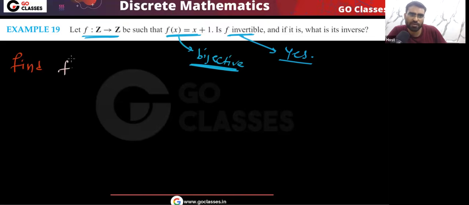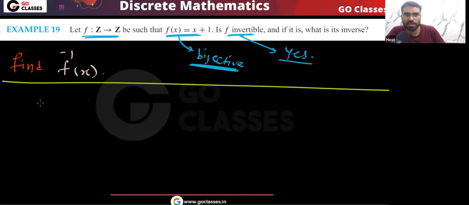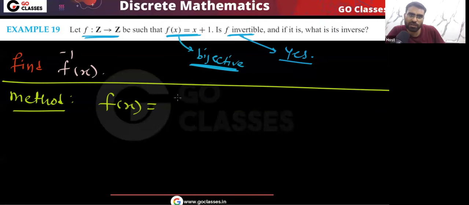What we have to find? We have to find f inverse x. The method I told you is extremely simple. f(x) is given to you. Just assume this is y. Yes or no? So f(x) equals y.